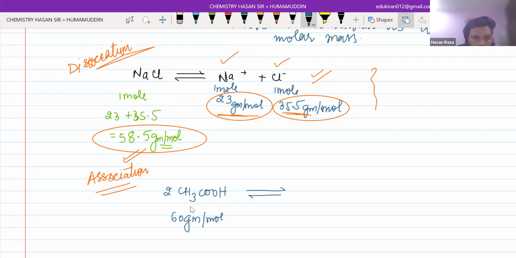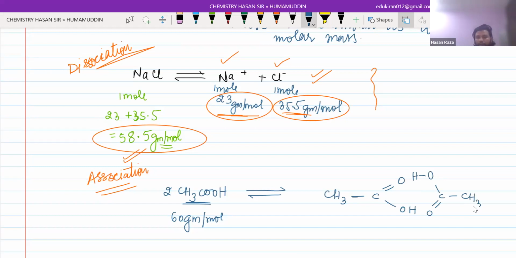Now what will happen, there will be association. This was 2 mole initially, but after mixing them in the solution, what will happen here? This will associate itself, and 2 mole will combine together to form a single mole with the help of hydrogen bonding.